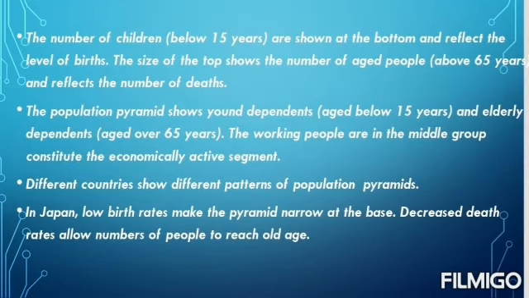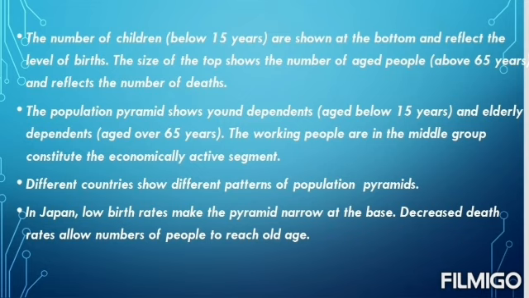The number of children below 15 years are shown at the bottom and reflect the level of birth. The size of the top shows the number of aged people above 65 years and it reflects the number of deaths. The population pyramid shows young dependents aged below 15 years and elderly dependents aged over 65 years.